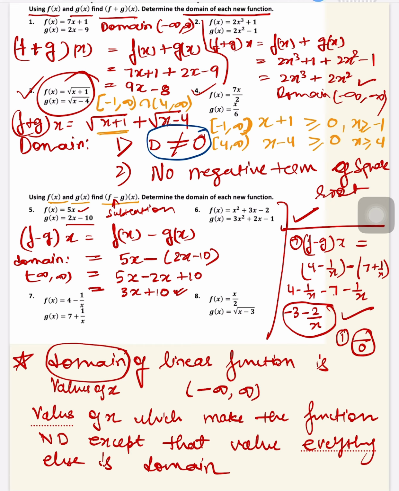So you can say that for the domain, x belongs to all real numbers and x is never equal to 0, correct? So your answer is minus infinity to 0 union 0 to infinity. Get it? In this you can see, when I put this thing, how to read it?